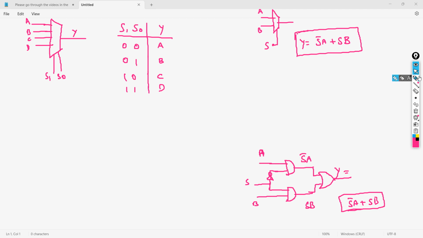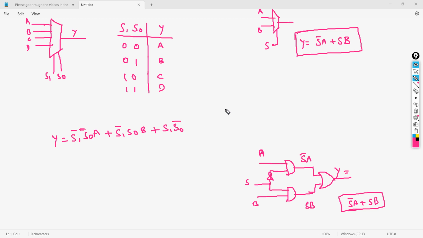Okay, so it is going to be, say for example, in this case, Y is equal to S0, S1 whole bar, then A, plus S1, S0. Let me just write it this way. So this is going to be S0, S1, and then B, and then S1, S0.